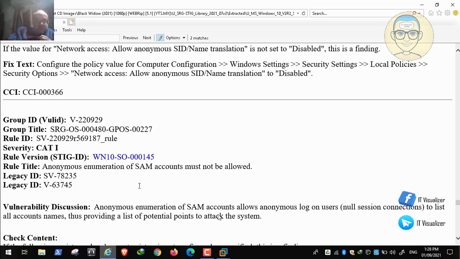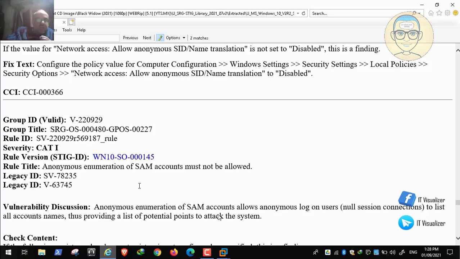So what he's saying here is, when you try to access a machine, or to log into a machine, sometimes you can see a list of users there. For example, if I am the last one to log in to the machine and my name is Kareem, if I shut down the machine and then open it back, you will see Kareem listed, so you can see my username listed, and you need only to type the password.